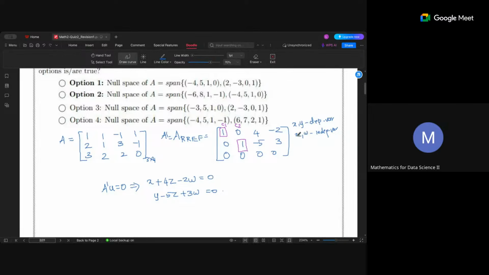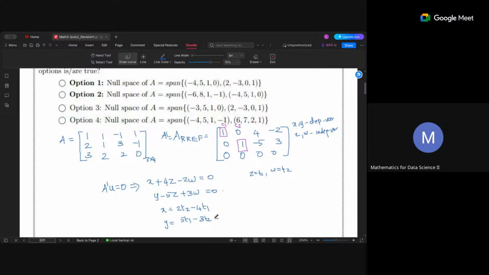Now you know that z and w are the independent variables, so you can choose them to be some t1 and t2. Let's say z is t1 and w is t2. In that case, your x is 2t2 - 4t1 and your y is 5t1 - 3t2.